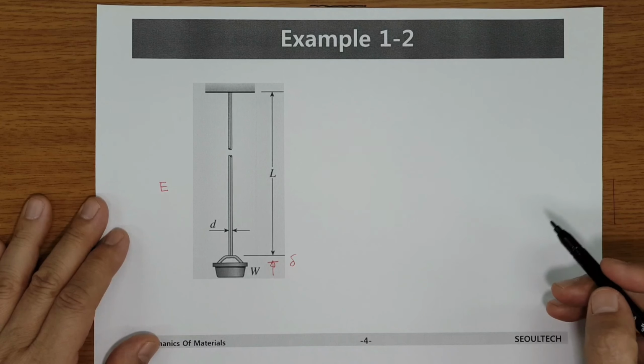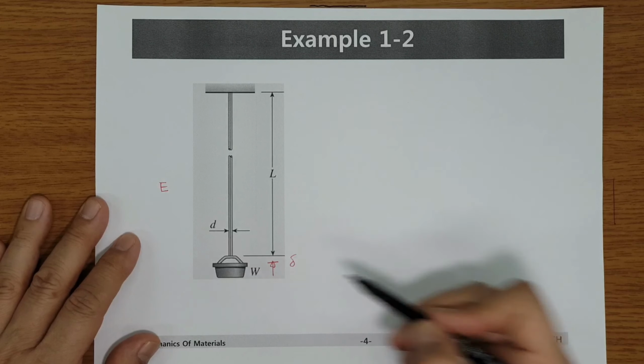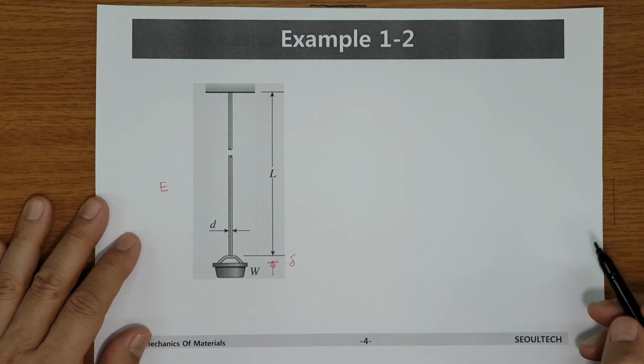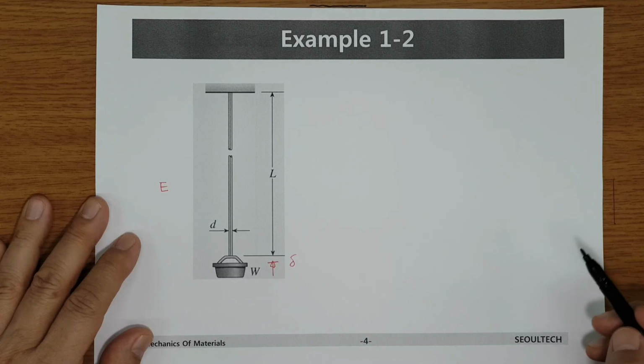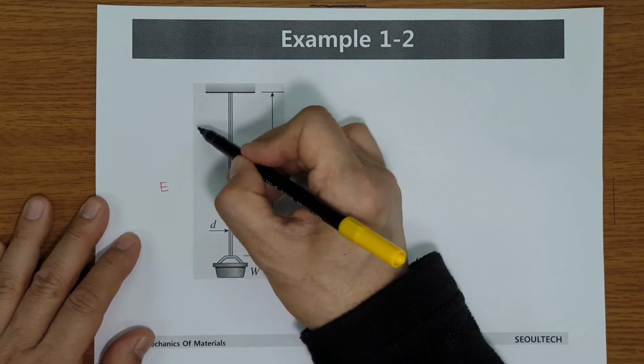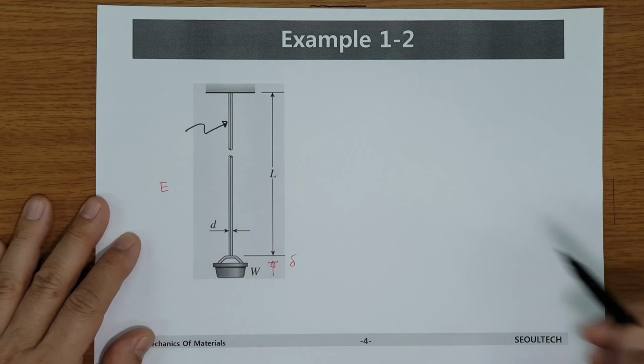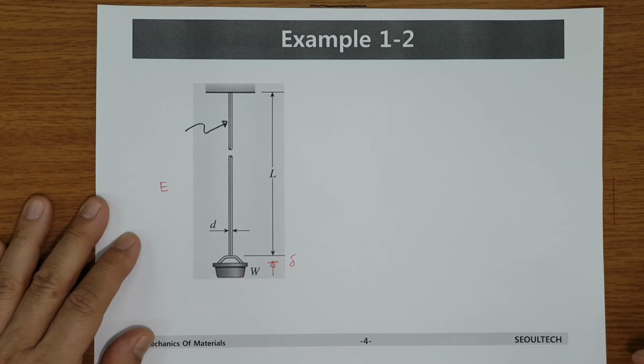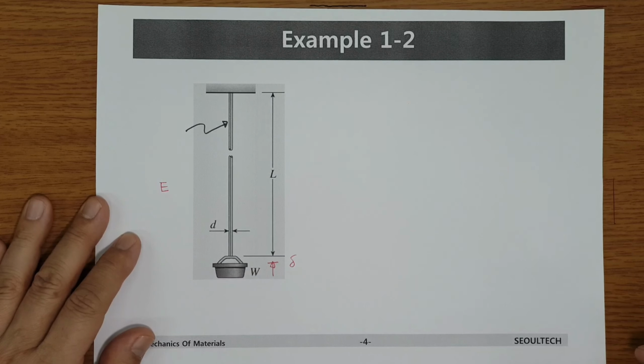In this case we would like to know the delta value. For simplicity, the self weight of this bar is neglected. Maybe in the future, self weight can be considered for an exact solution.